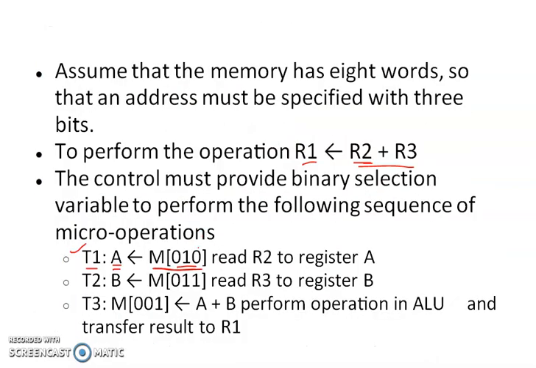And second timing variable, what happens? R3 will be loaded to register B. So R3 address can be written like 011. In order to represent that it is memory, M of 011 will be taken, which will be loaded to B.